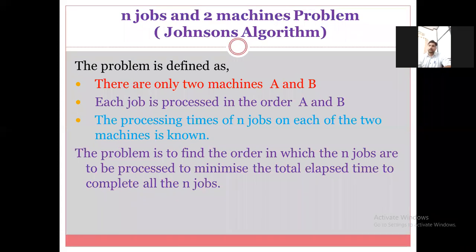These two will be considered as sequencing problem statements, and the other two, two jobs and m machines and n jobs and m machines, will be solved using the assignment problems. In this point we are going to discuss only two types of problem statement. In the next lecture we are going to understand these two problem statements and solve a variety of problems on them.